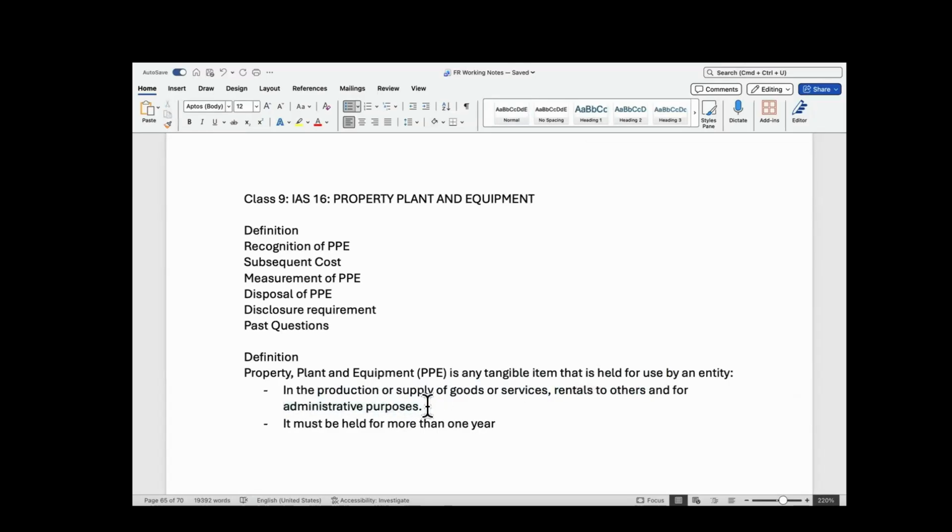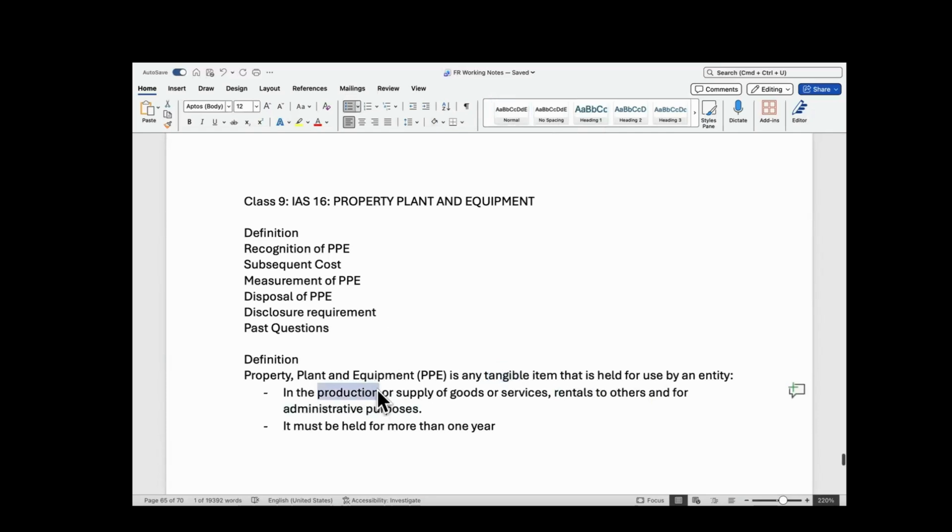That therefore means that any item you have that is tangible as an organization that you hold to produce, that you hold to supply, that you hold to rent to others, or that you hold for administrative purposes, is most likely going to be a PPE, provided that your intention of holding it is more than 1 year.